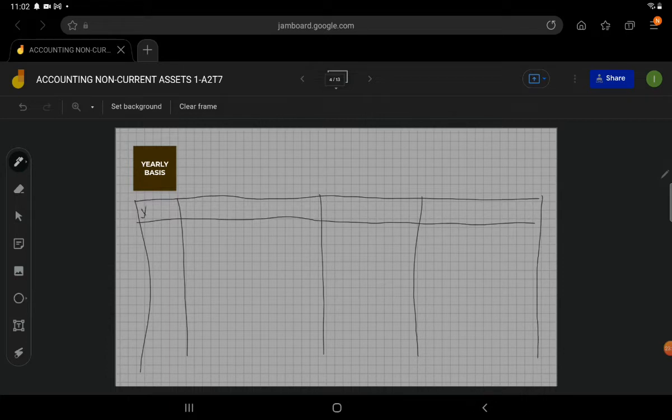Okay, kita ada first column year, and then depreciation expense. The third column accumulated depreciation, and the last one is, okay, ni kita dah tengok tadi, net book value.